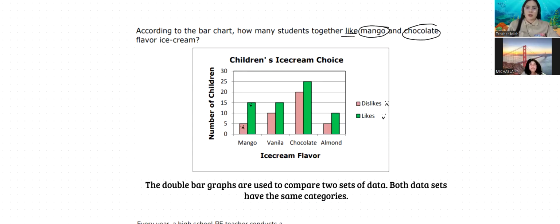Addition. Very good. What are the numbers that we need to add again? 15 and 25. Can you please add this one, anak? 15 plus 25. 40. Very good. So there are 40 students who like the mango and then the chocolate flavor of ice cream.